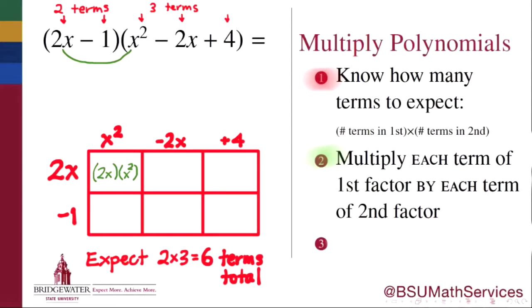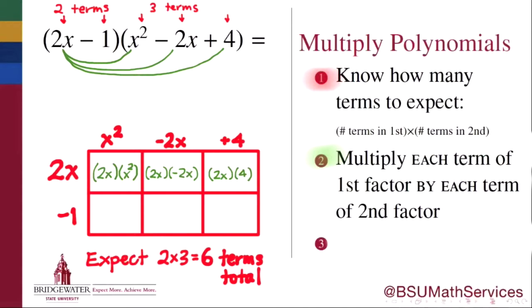So for example, the 2x from the first factor will have to be multiplied by the x squared from the second factor, forming one of our terms in the product. But that 2x also must be multiplied by the other terms in the second factor, the negative 2x and the positive 4.